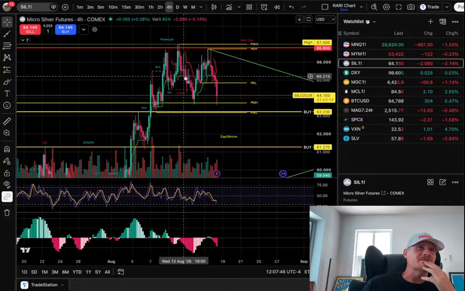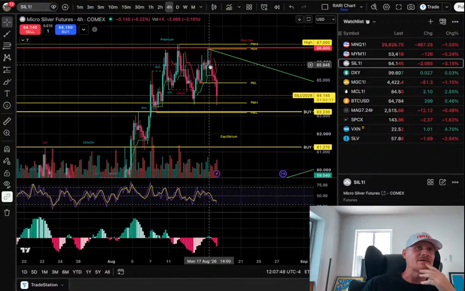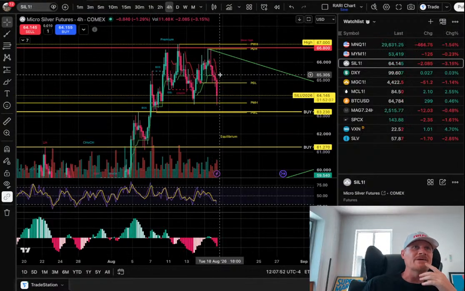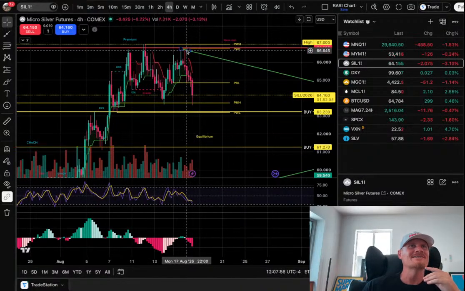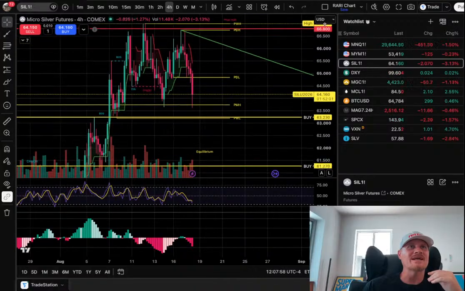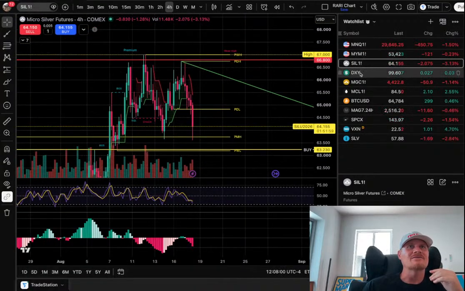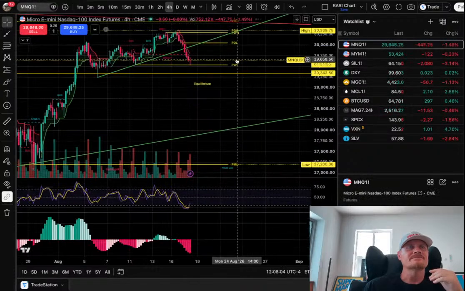And then in silver, it went up and then that was a huge drop, man. It went up to the previous week high almost, but it didn't quite hit it. So I don't know if I would have got in on that, but yeah, the MNQ, it's funny.